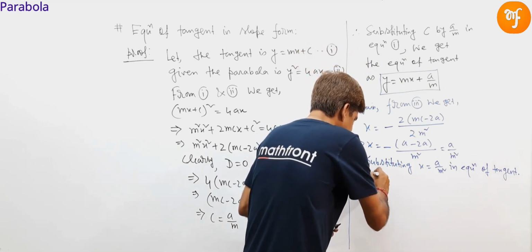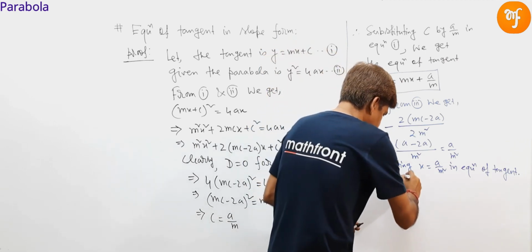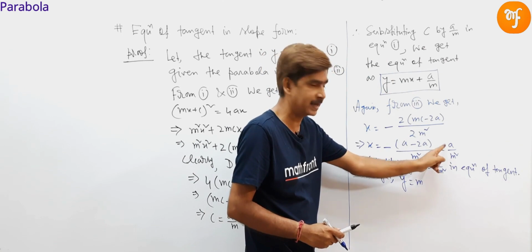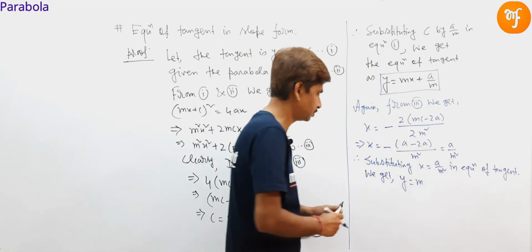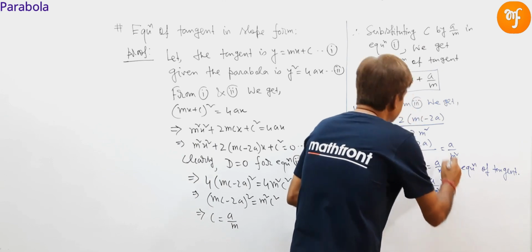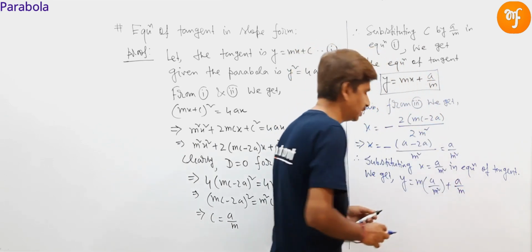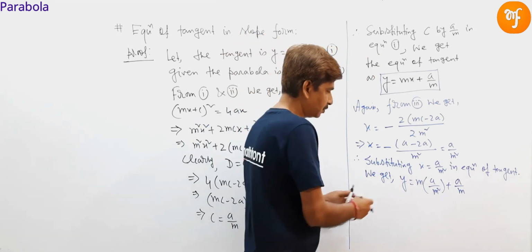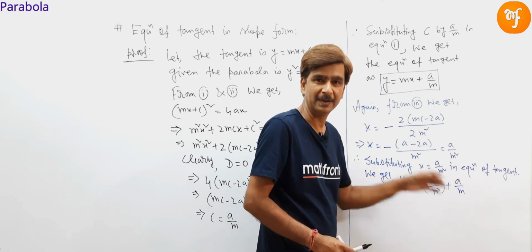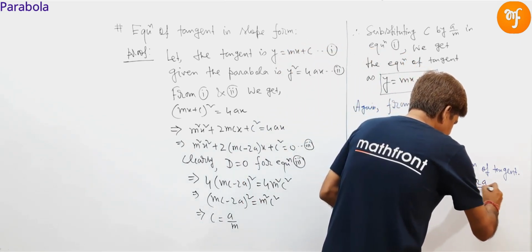We get y is equal to m into x. And what is x? x is equal to a by m square. So writing m times a by m square plus a by m. So what is the value of y? Clearly the value of y will be am by m square, that is a by m, plus a by m, that is equal to 2a by m. So we are writing this as 2a by m.